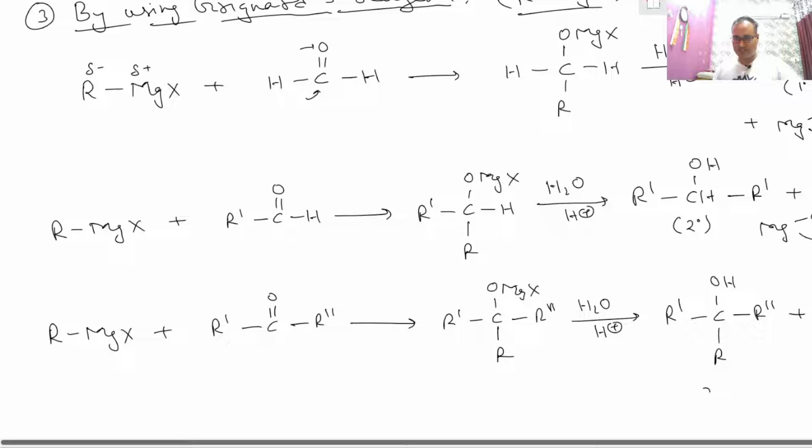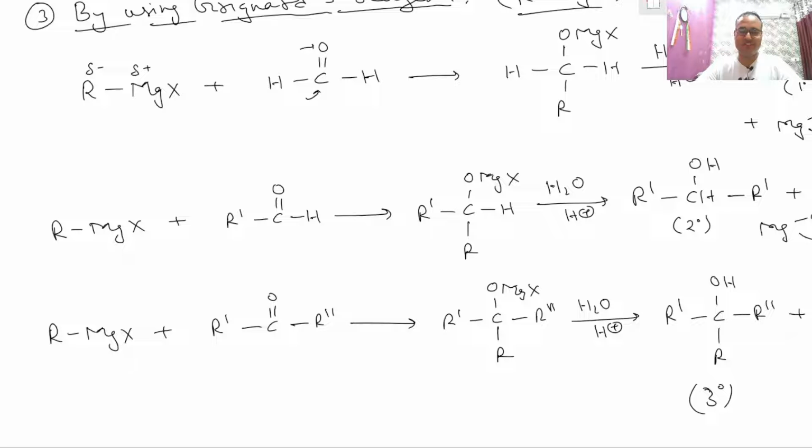And this one is our 3 degree or tertiary alcohol. So these are the methods of preparation of alcohols from different reagents.